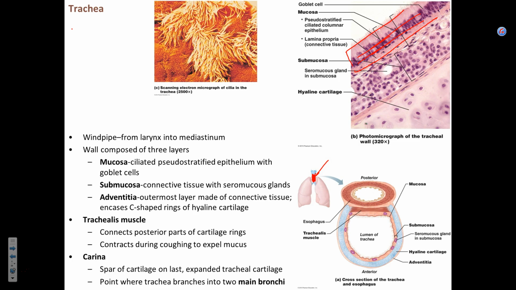Okay, then you have submucosa, which is connective tissue, quite unremarkable. And then you have adventitia, so basically connective tissue that surrounds the hyaline cartilage.